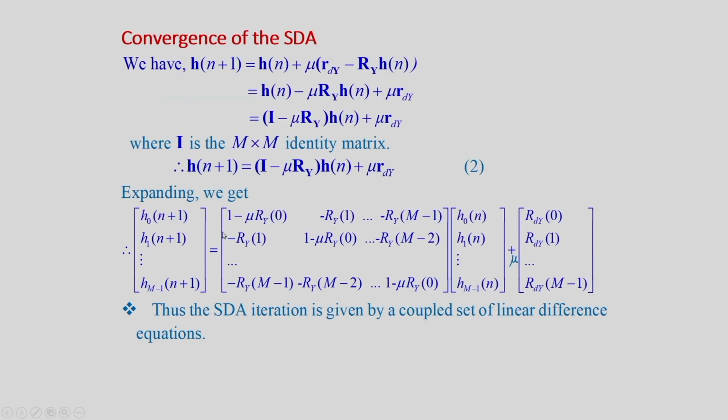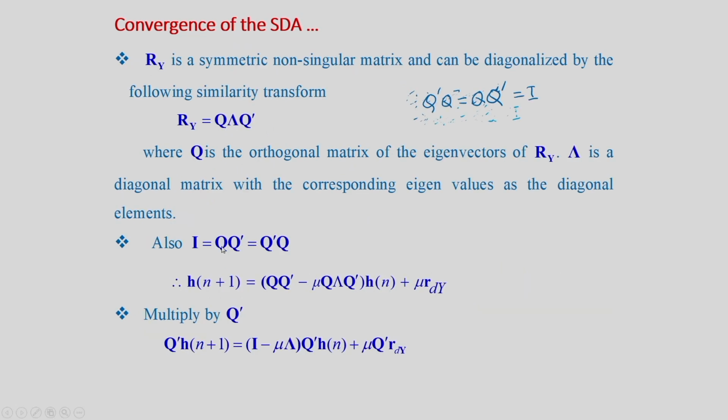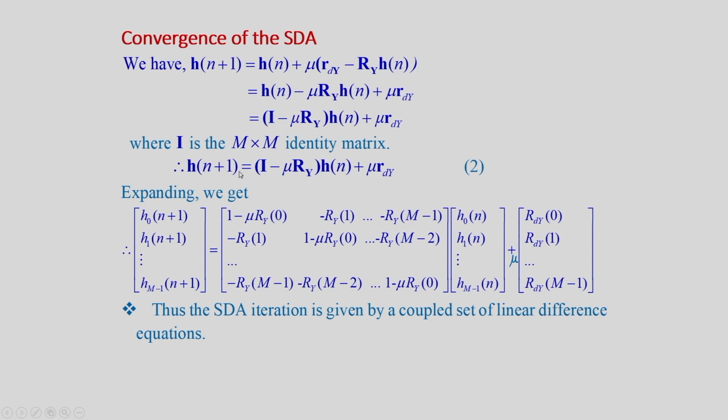So, in this expression we can write Ry as Q lambda into Q transpose. Also this I matrix we can write as Q into Q transpose. Identity matrix can be expressed as the product of Q and Q transpose, because Q transpose is Q inverse and that is equal to Q transpose into Q. Therefore, the SDA iteration H of n plus 1 is equal to I minus mu Ry into Hn plus mu R dy.